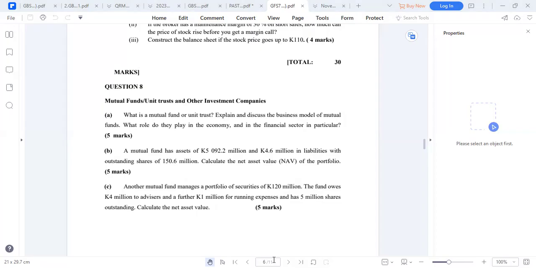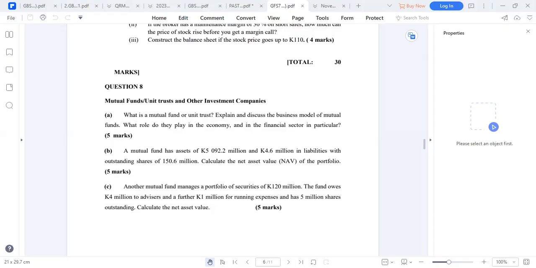When we're calculating the net asset value, we have a formula to use. The formula is given by the total assets that we have. We remove the liabilities, then you divide by the outstanding shares.